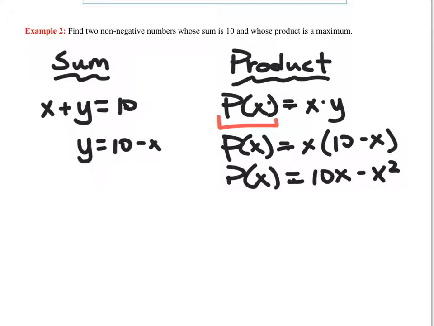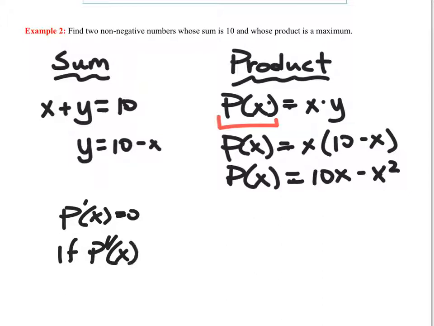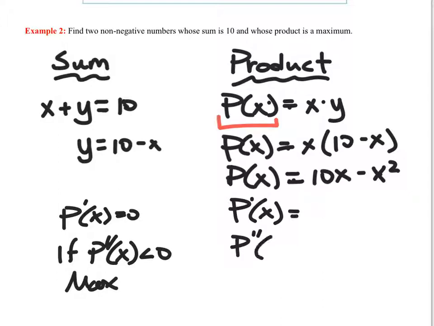Or I could find where the derivative, right, I want to know where p prime of x equals 0, and if p double prime of x at that point is negative, then I'm guaranteed a max. So check this out. I'm going to find the derivative and the second derivative. And let's compare some of this.